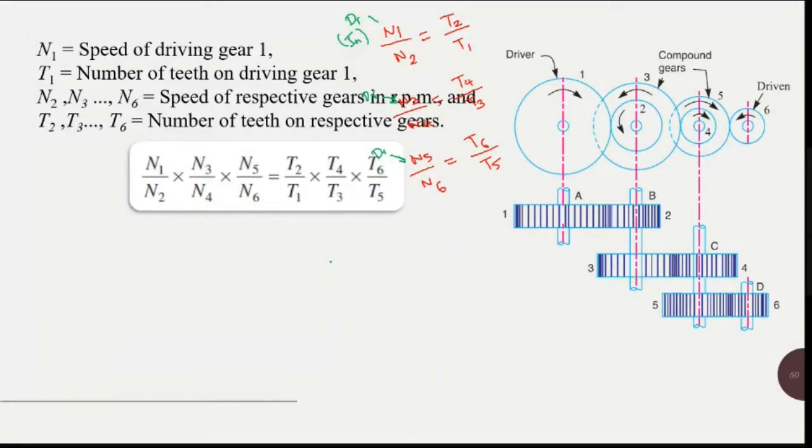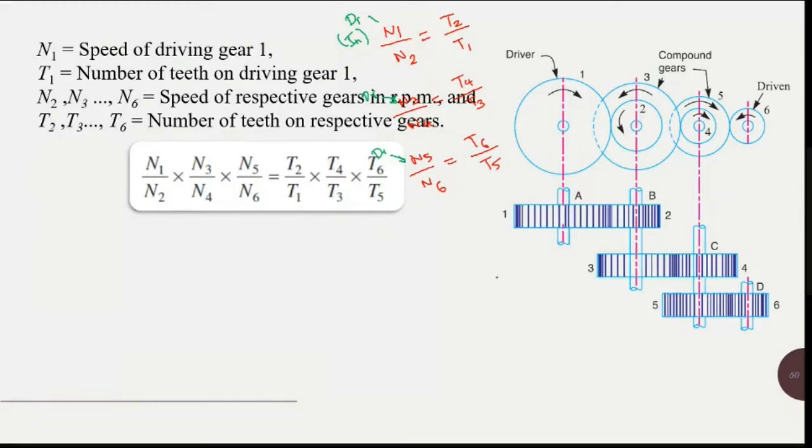Yes. Now, the next case: you can see that gear 2 and gear 3 are on the same shaft. If they are on the same shaft, what about the speed? Same, very good.